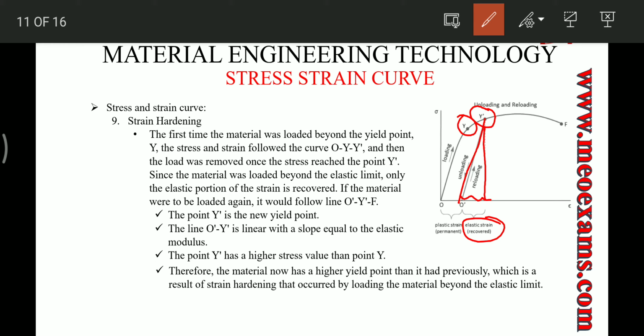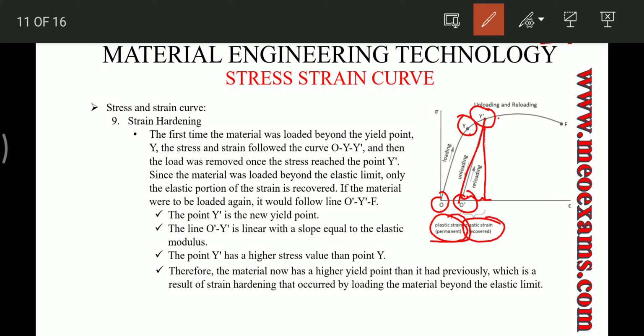It will be recovered, but as you can see, it is not coinciding with the origin. So this much is the plastic strain, which will remain even after the load is removed from the material. Hope you are understanding, friends. Y is the yield point, and we are applying load beyond the yield point till Y dash, and then we are unloading.